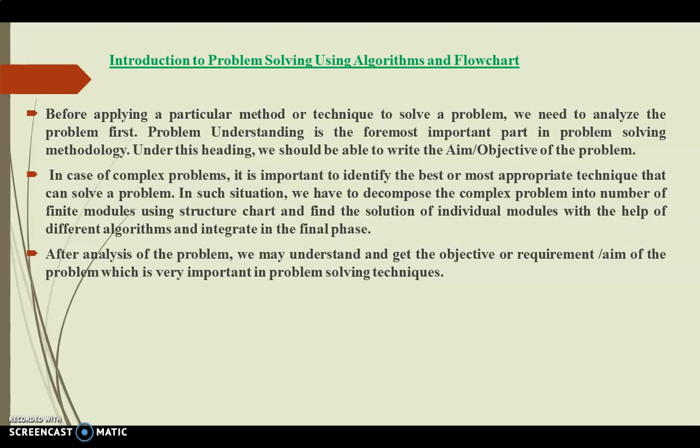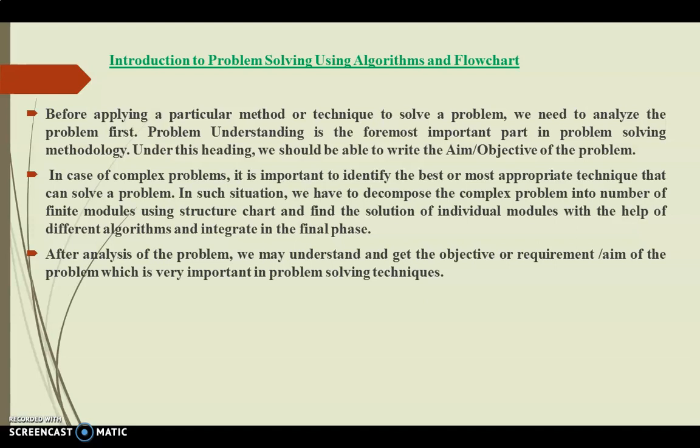So before applying the algorithm, we have to know the inputs and outputs, right? Generally we call that the software requirement specification, SRS. Specification means once we get the problem, we should be able to analyze and understand it.